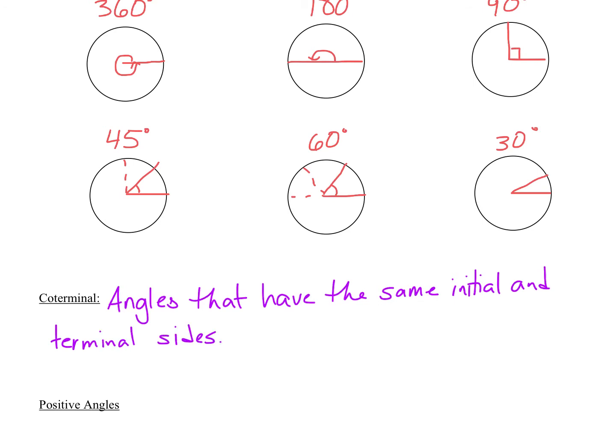So you may be asking yourself, well, wait a second, how can other angles have the same initial and terminal side? Well, we're going beyond 360 and we're also going negative, okay?